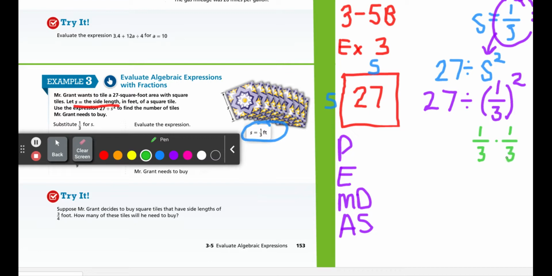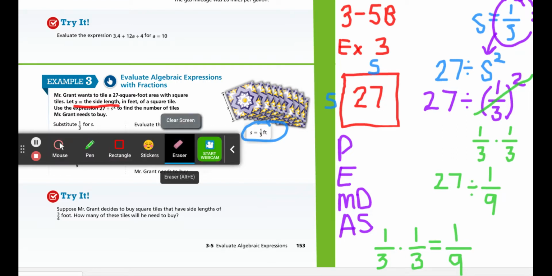Okay, so off to the side, let's do that. 1/3 times 1/3, what do you get? Numerator times numerator, 1, denominator times denominator, 9. So 1/3 squared is 1/9. Bring down the rest. 27 divided by 1/9.